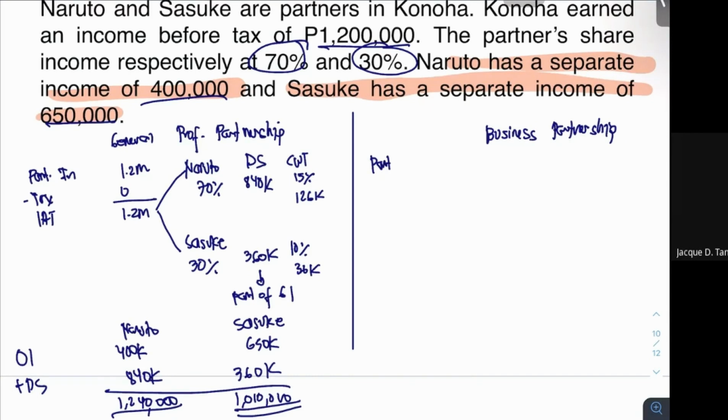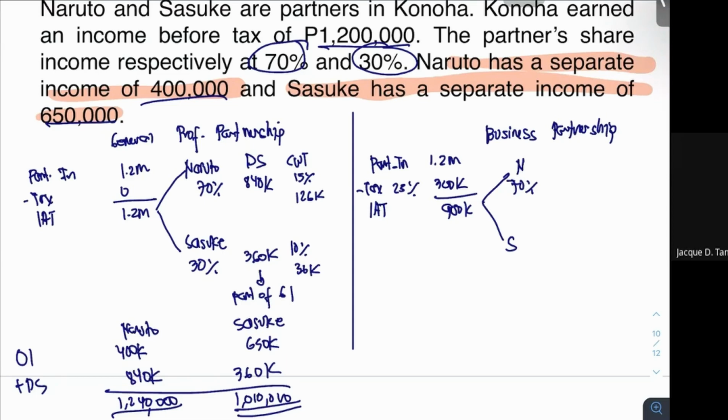If that is a business partnership, we get the partnership income, 1.2 million, less tax of 25%. So 1.2 million multiplied by 25% is 300,000. So our income after tax is 900,000, and this will be shared by Naruto and Sasuke.